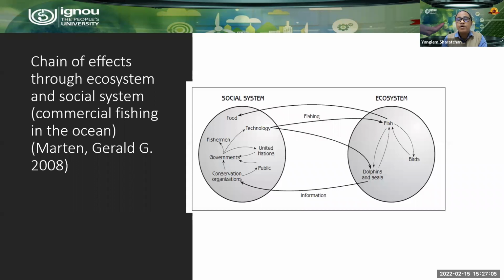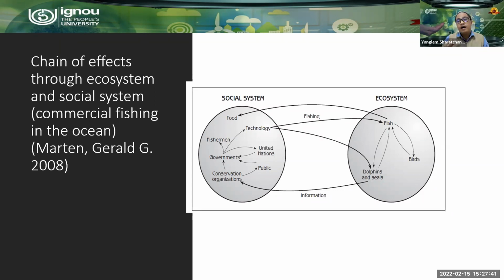Then again, from the social system perspective, when fish is used as food and we imbalance that ecological population, as I told you, the unintended effect happens to the other species also.